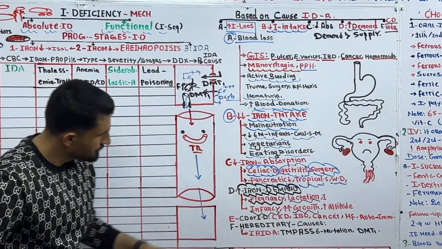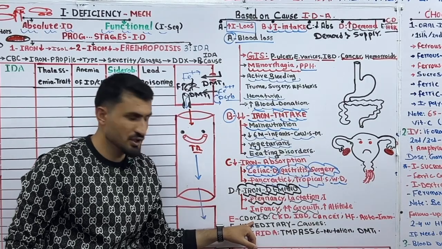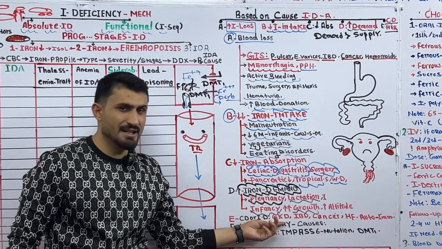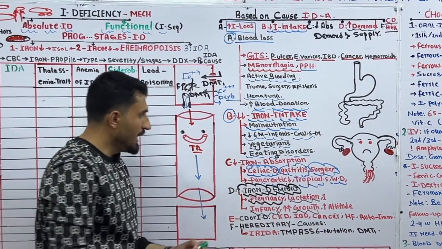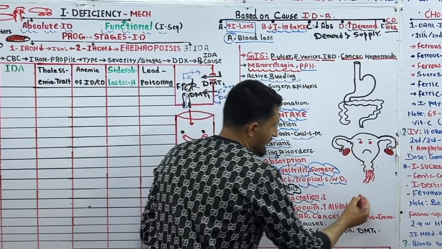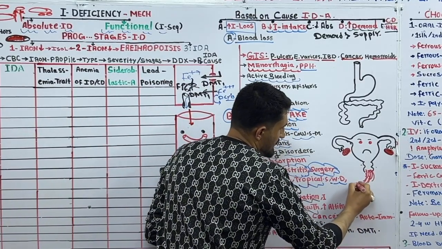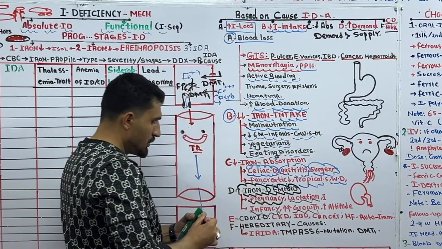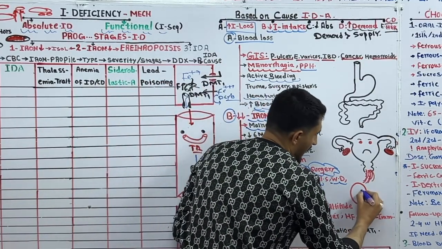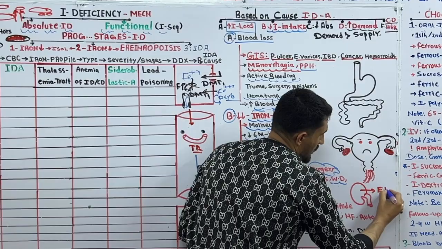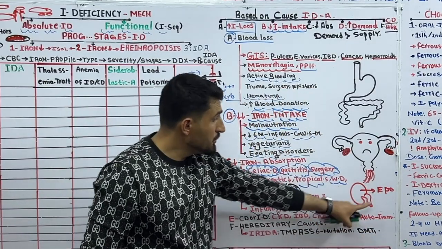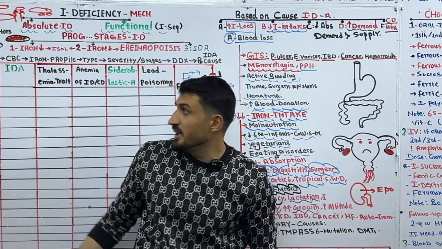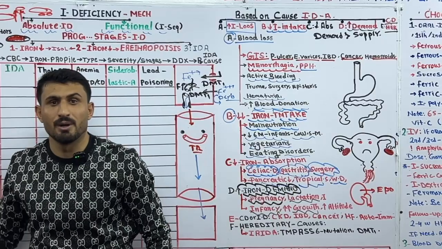For example, during chronic inflammation, for example, during chronic kidney disease, okay, listen to me carefully. In chronic kidney disease, for example, this is a kidney, okay, this is our kidney. Now, the kidney normally produces a hormone called erythropoietin, and erythropoietin is very important for stimulating the bone marrow.